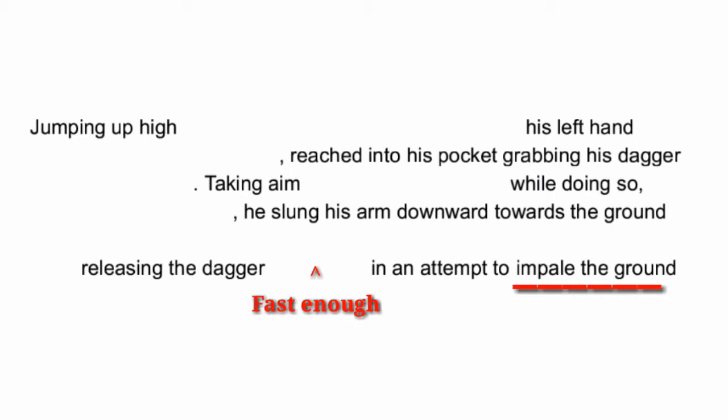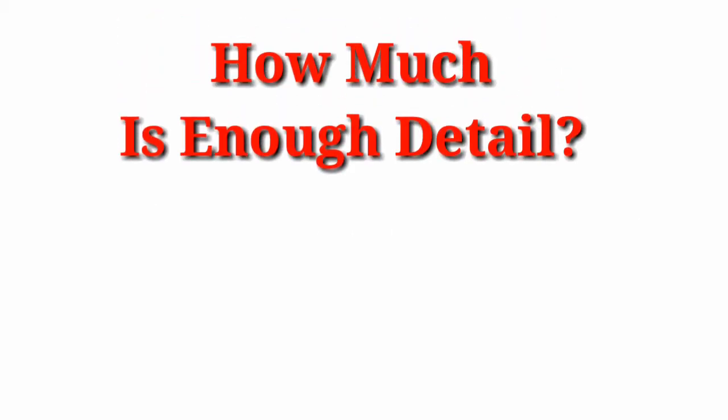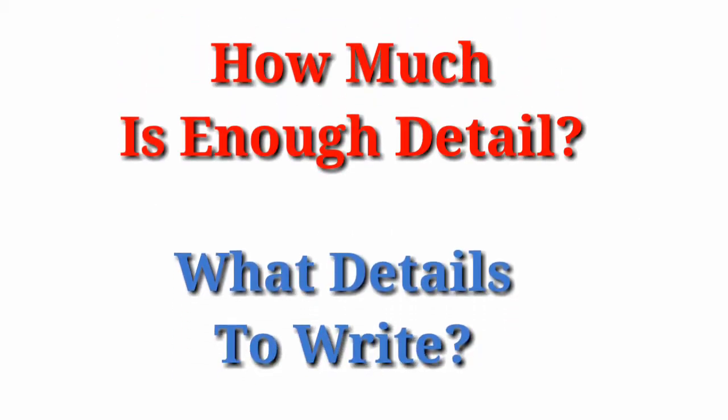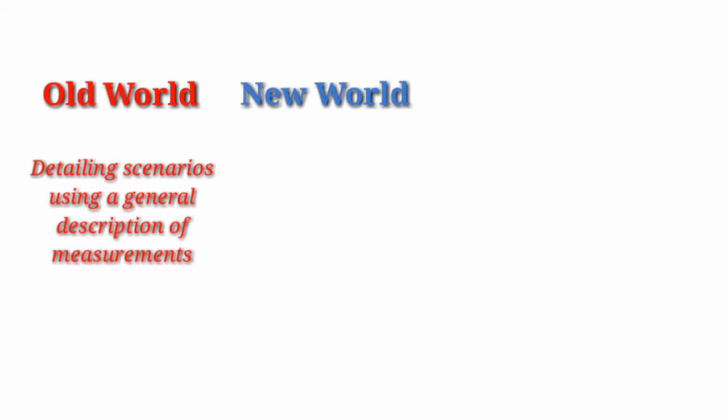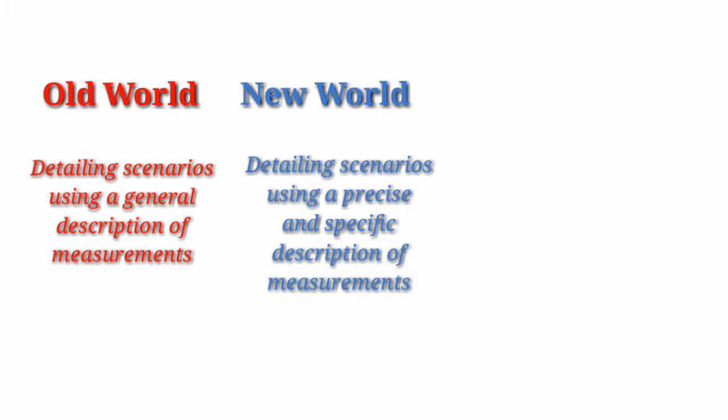This is also acceptable. There's a lot of dogmatism between how much is enough detail and what is the proper way to detail, to where 2 modern terms for writing styles were dogmatized, Old World and New World. As one is based on giving a general description, which is Old World, the other is based on presenting precise measurements for particular dynamics, the measurements for the skeleton, or New World.